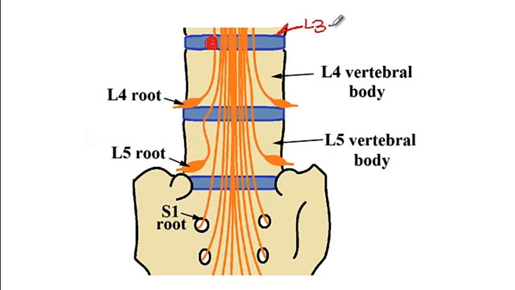With the L4, L5 disc herniation, which will happen right here, it's the L5 nerve root that will be affected. And then finally, with the L5, S1 disc herniation right here, it's the S1 nerve root that will be affected.